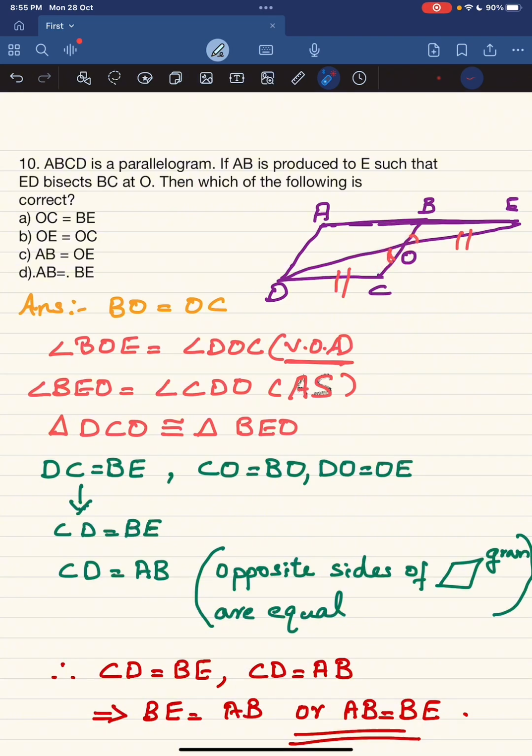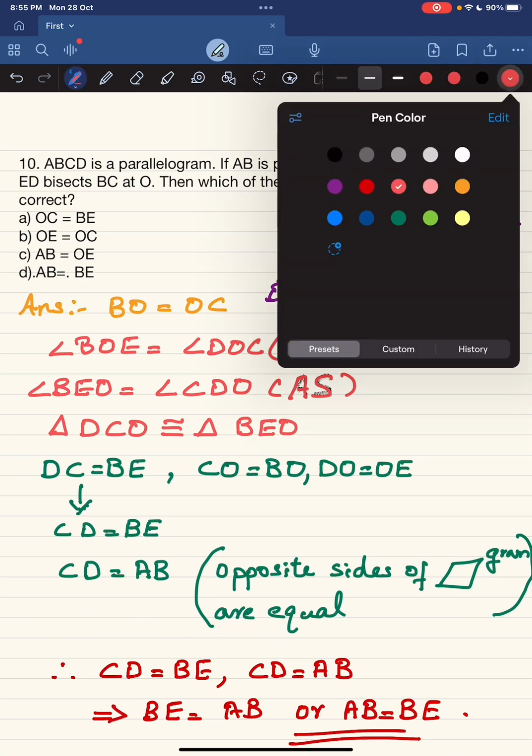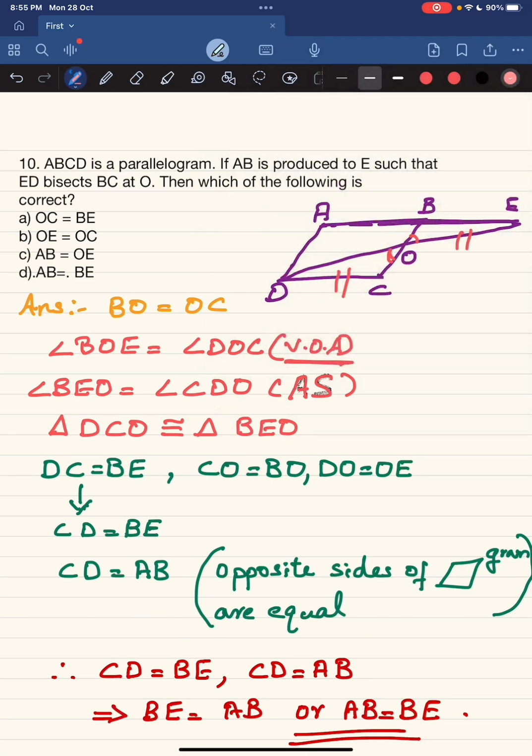If there is a transversal like this, then we know vertical opposite angles are equal. This angle equal, this angle equal, right?